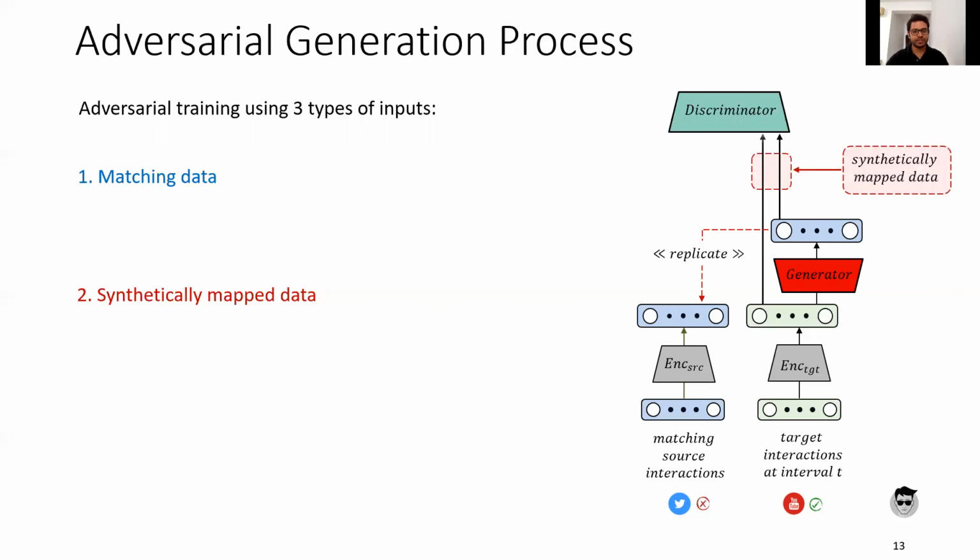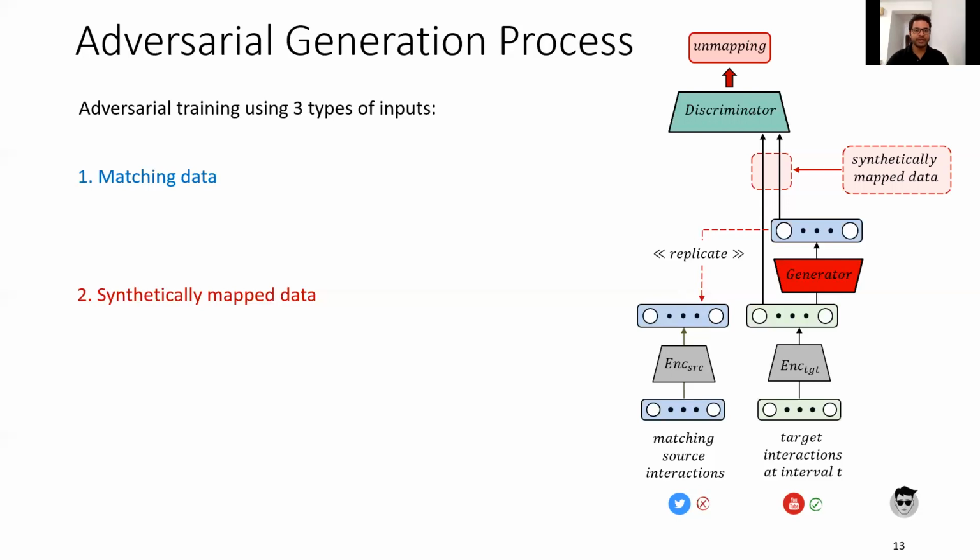Once we have this, we again feed them into the discriminator. But this time, since these are not real data, but rather synthetically generated ones, the discriminator should correctly identify them as unmatching data. So here is where the adversarial learning takes place. The generator tries to generate more real-like embeddings to try and fool the discriminator into believing that they are real data.